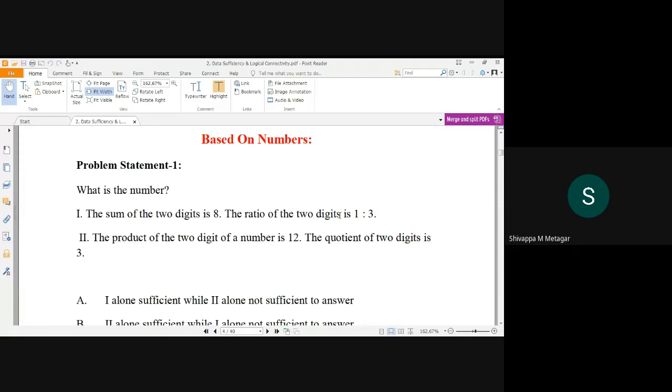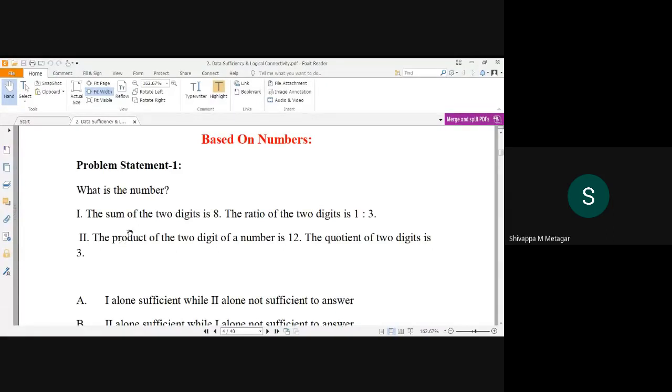The second statement is: the product of the 2 digits of a number is 12, and the quotient of the 2 digits is 3. Your work is to first solve this and identify whether only one statement or both statements are required.